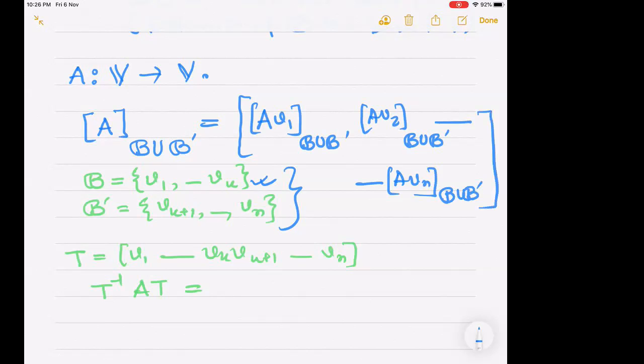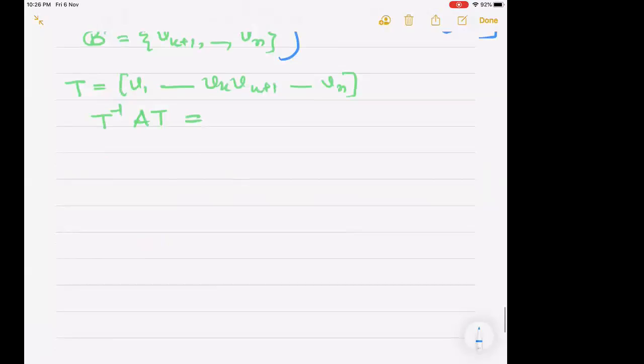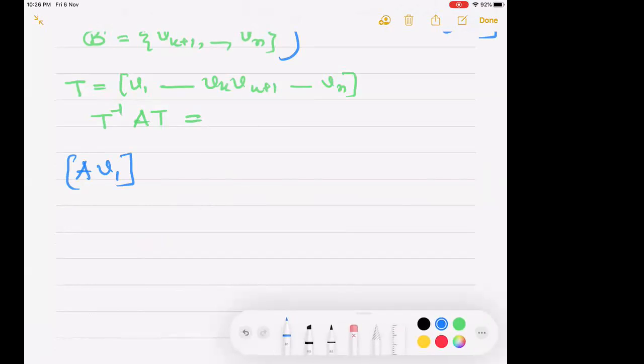Now, notice A v1 is a vector, right? V1 is a vector from W, which is A invariant.